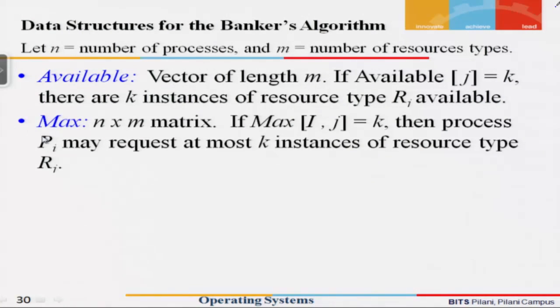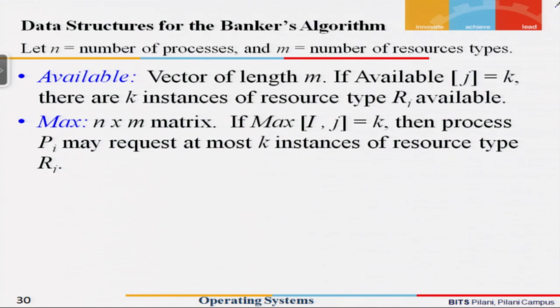Then we have another matrix. We define it as max, which is an n cross m matrix, where n is the number of processes and m is the number of resources.